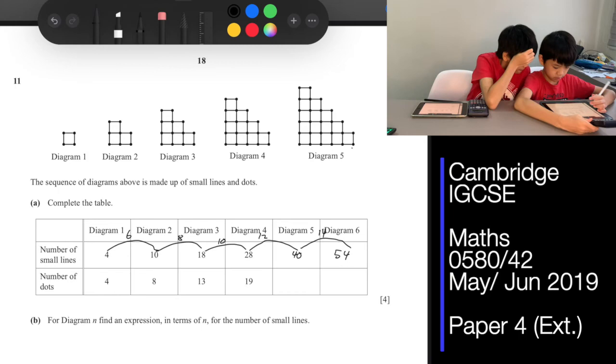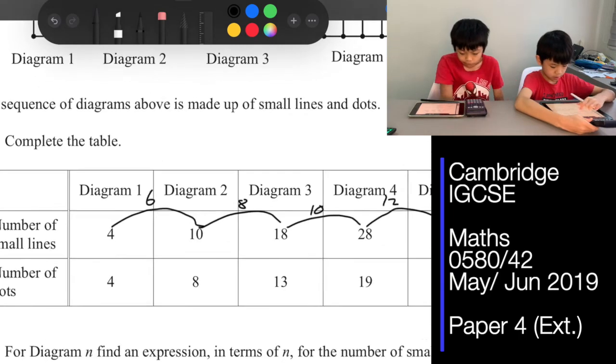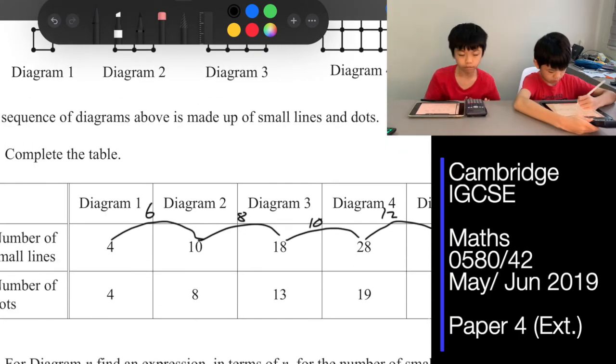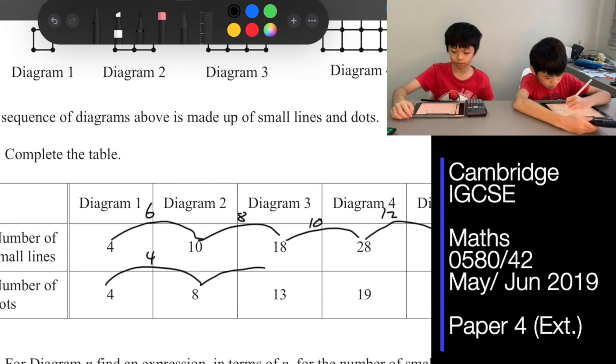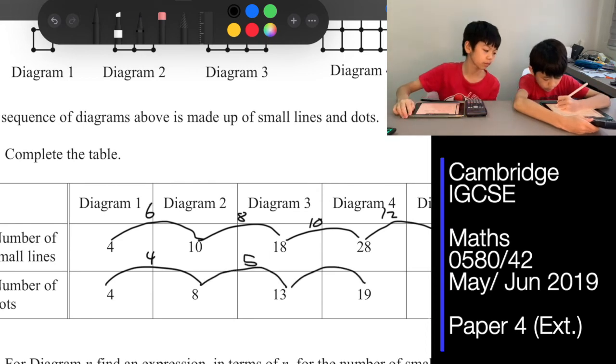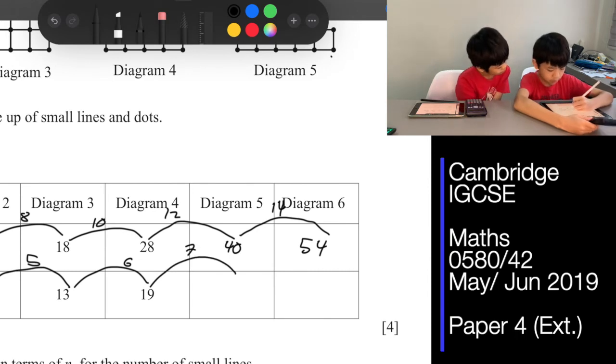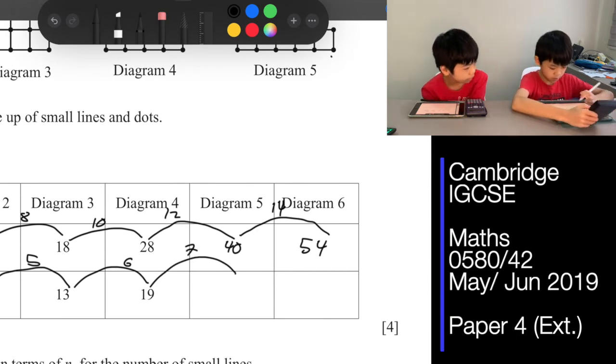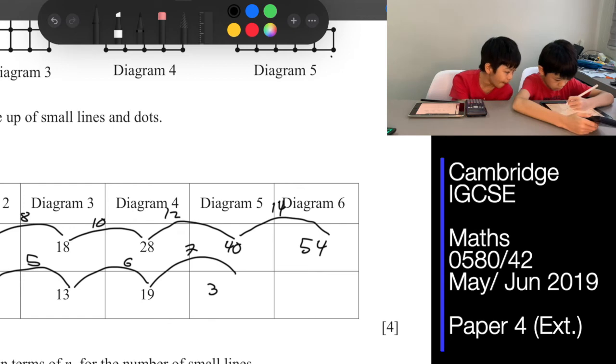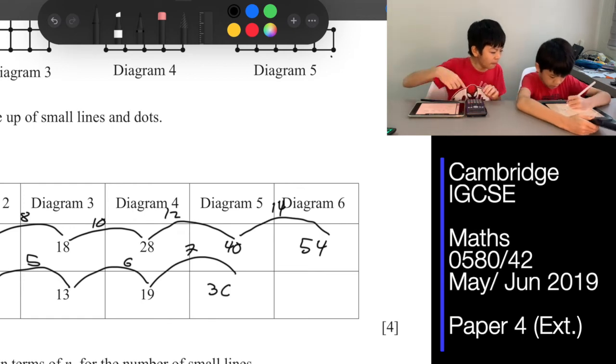Then we need to find the number of dots. So from here to here is 4, 5, 6. So here should be 7, which is 36.